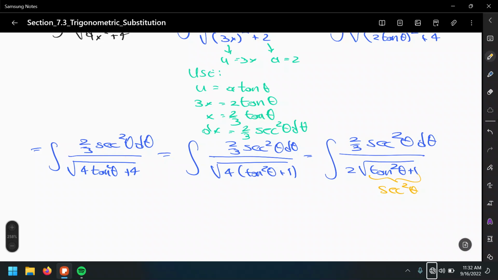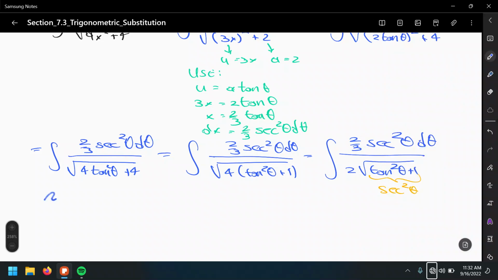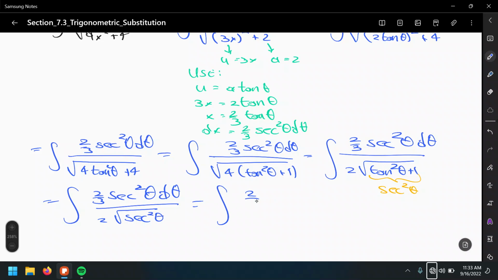It's annoying to go back and forth between all this. Now, I'm not going to simplify anything just yet. So that's 2/3 secant squared theta d theta, and that's 2 times the square root of secant squared, and this square root of secant squared can be simplified.